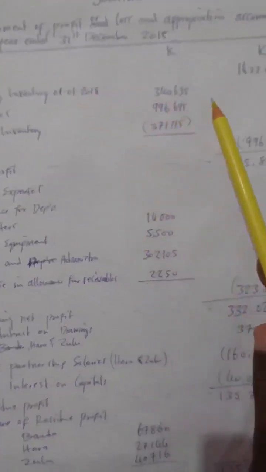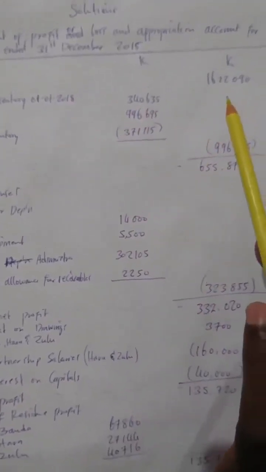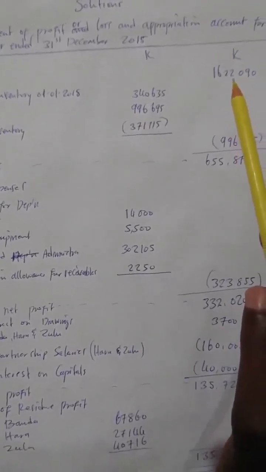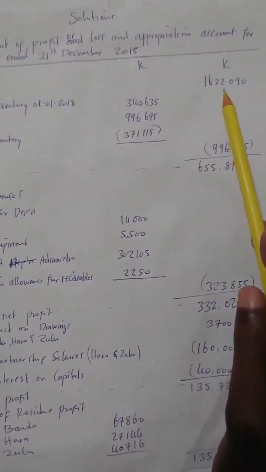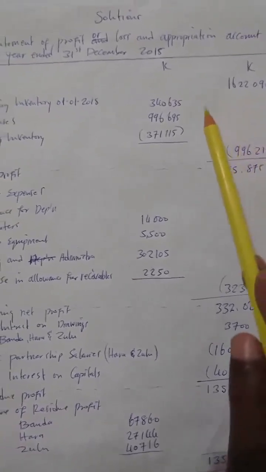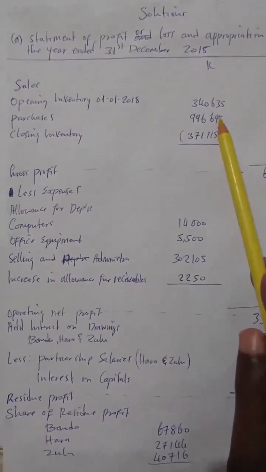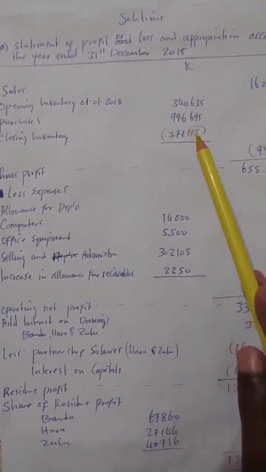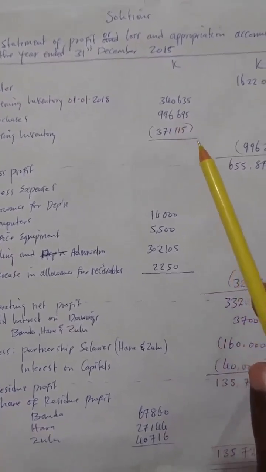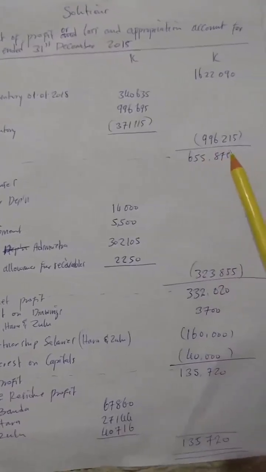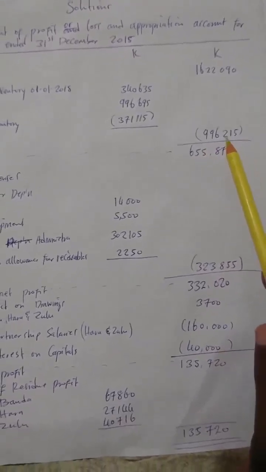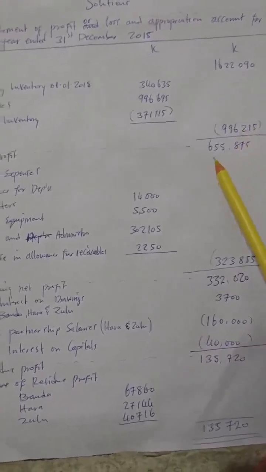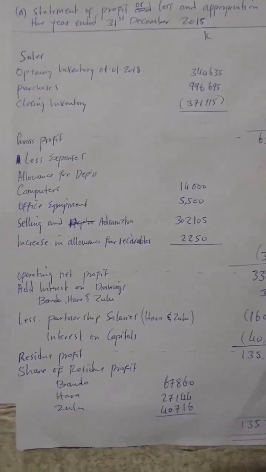We didn't have sales returns, so there's no subtraction from the sales figure. It's the whole amount which will go that side. Then the opening inventory as usual, the purchases, and then you subtract the closing inventory which was there in the additional information, and then the total cost of sales will come to this amount. You subtract it from the sales to come up with the gross profit.